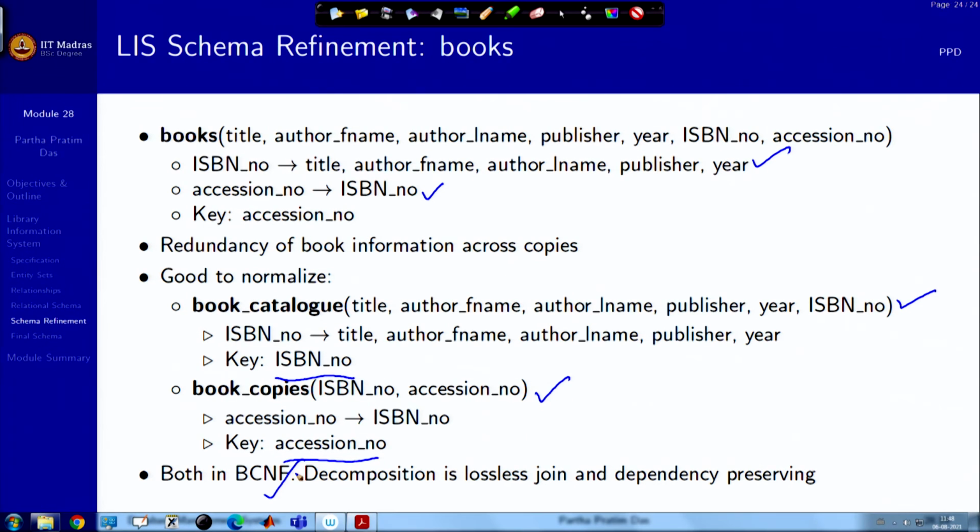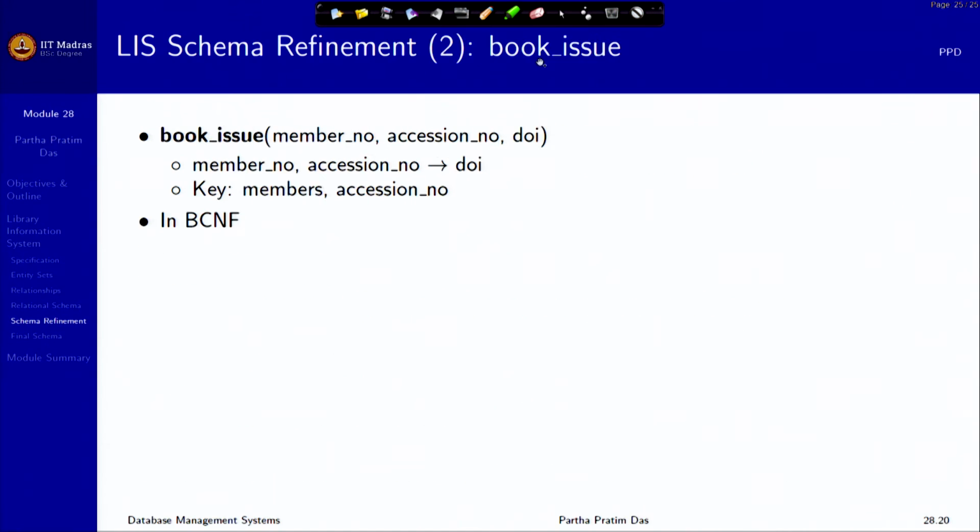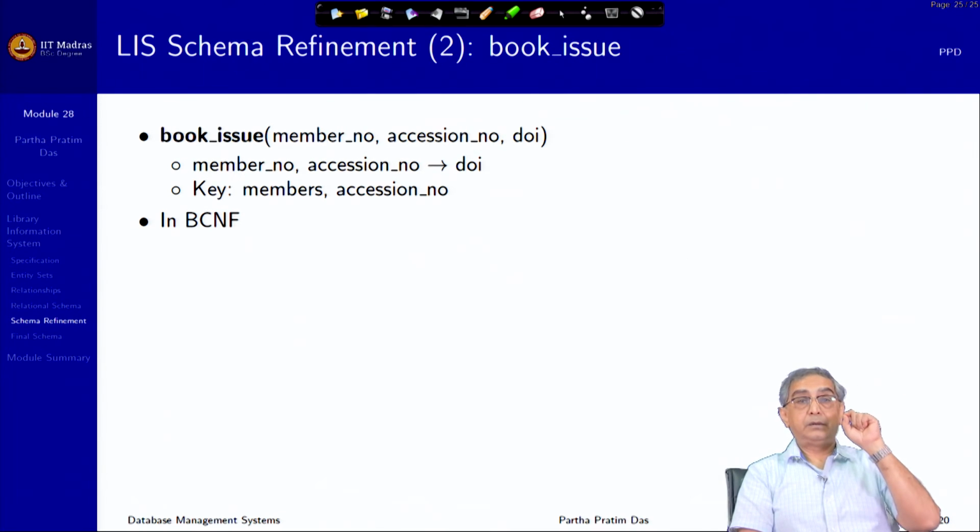So, your books relationship schema has been normalized and finalized. Then you have book issue, which has member number, accession number, which will decide obviously the date of issue. Why is that required, why is member number required?